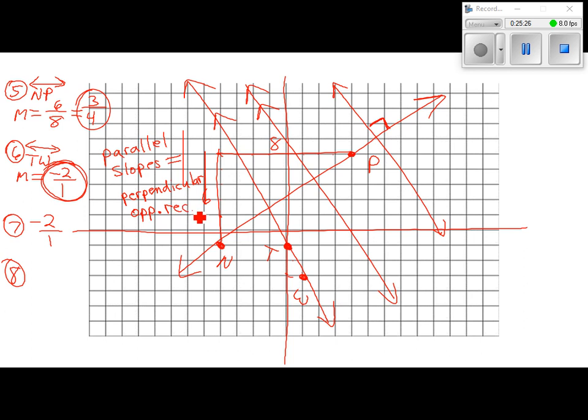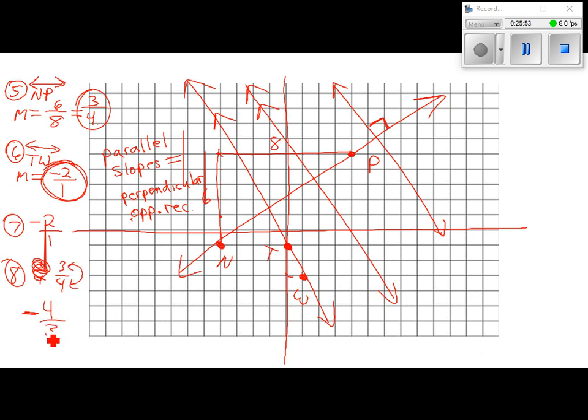Remember, opposite means you change the sign of it. So if it was positive, it becomes a negative. If negative, it becomes a positive. Reciprocal tells you to flip the fraction over. Well, if I go back up here, the original slope was 3/4. We want the opposite reciprocal of that. So that was a positive, so our answer is going to be a negative, and we just flip this over.